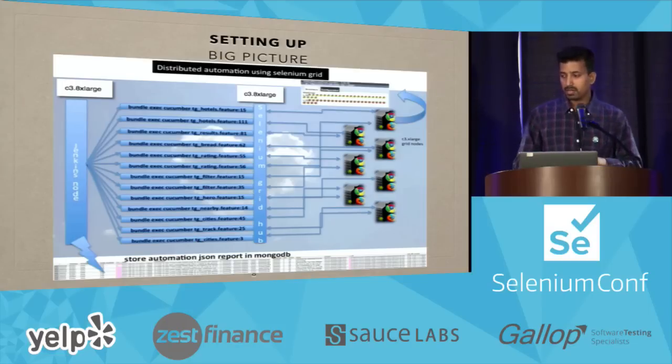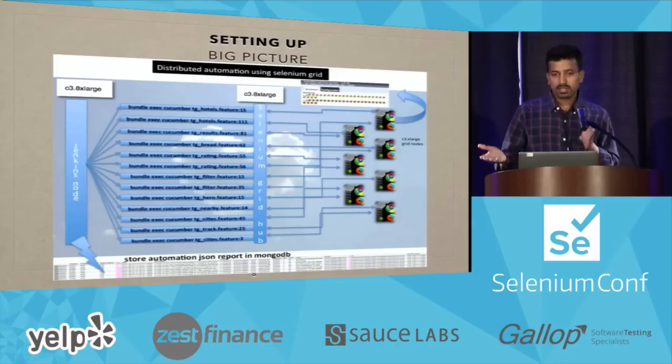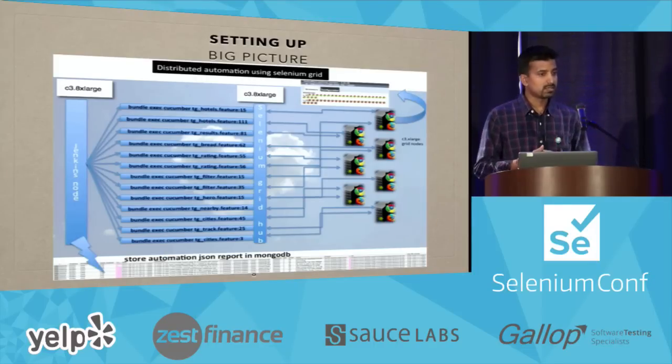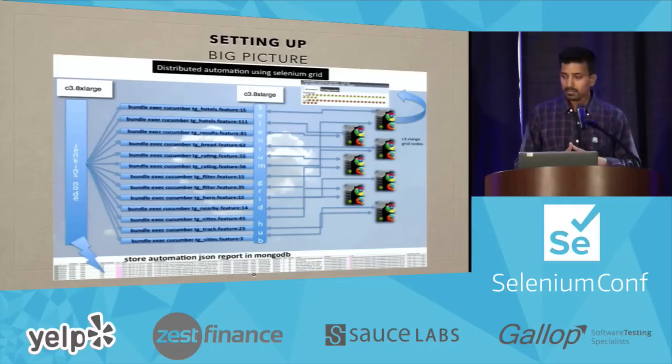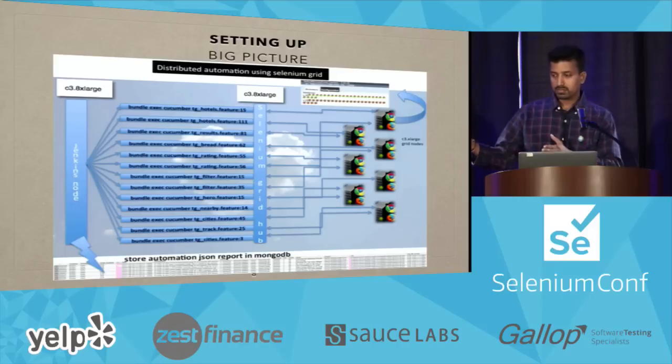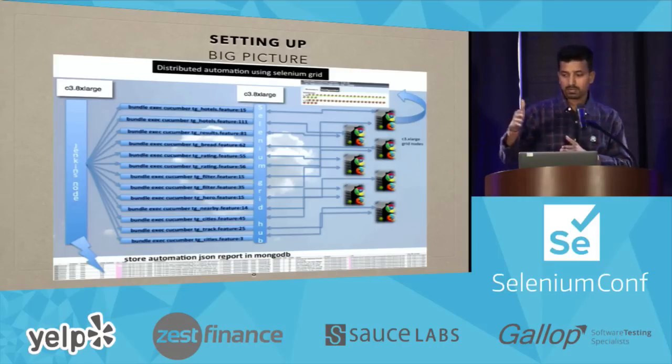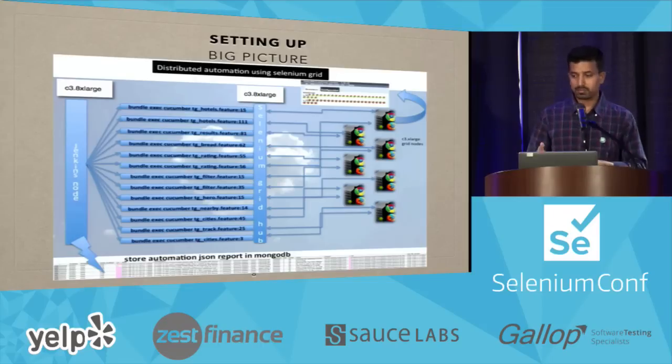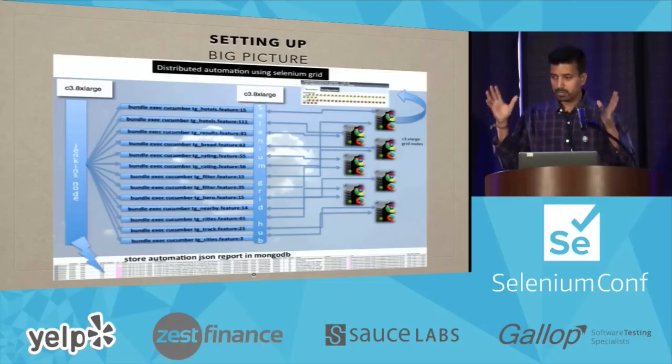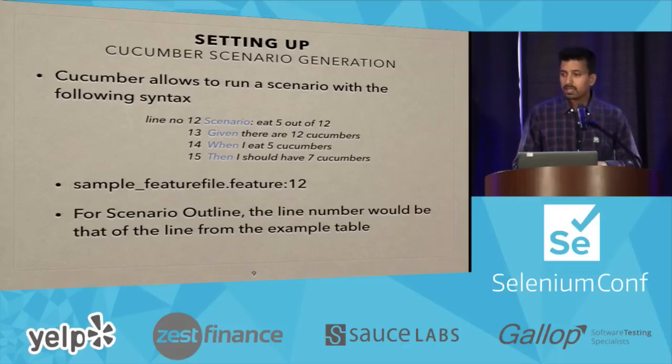The grid node I'm using is C3 8XLarge. After lots of trial and error, I found that on a C3 8XLarge, I can run around 24 Firefox instances at the very same time. And once the automation is finished, all the results are written to the Mongo database, and teams can look at the dashboard and see the results. So this is the big picture of the whole setup.